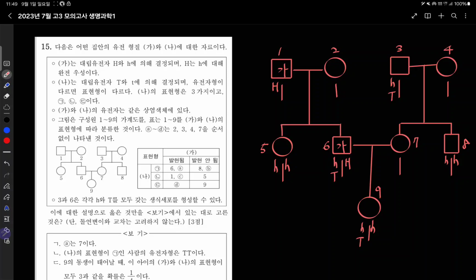And that means, because 9 is homozygous recessive for gene H, his mother should have one lowercase h allele.